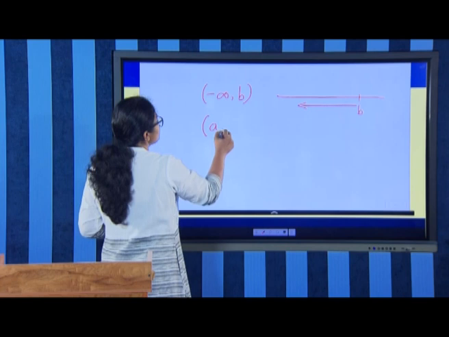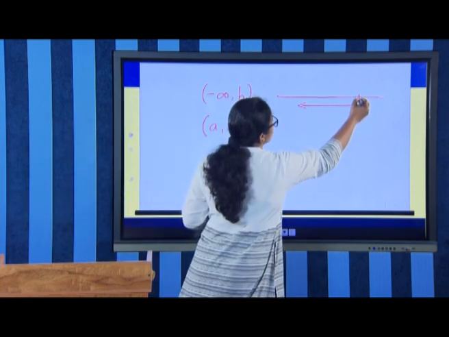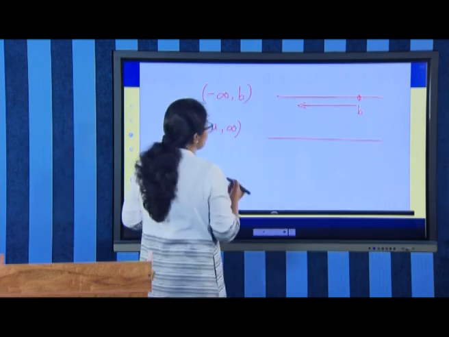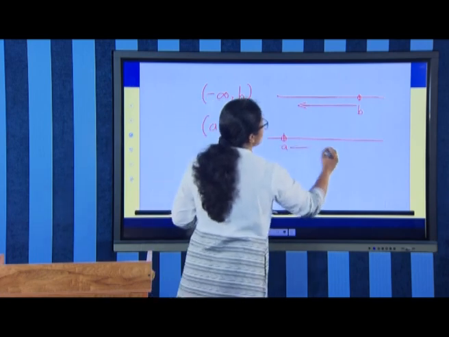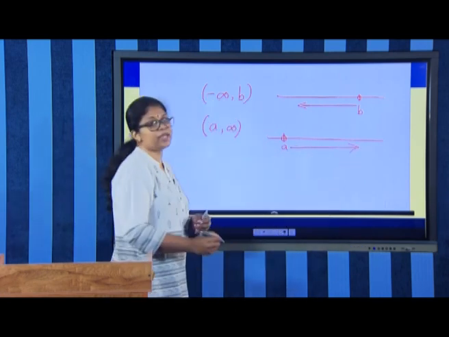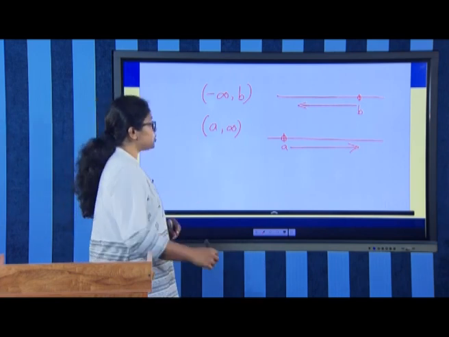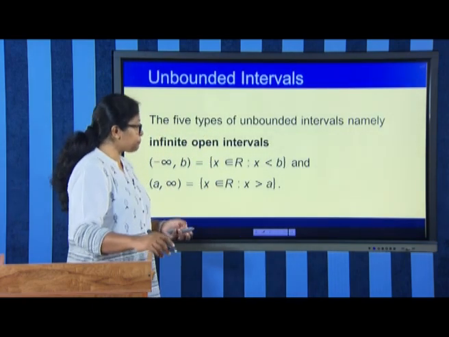Here there is a hole because b is excluded. And if we consider (a, infinity), we can place a somewhere here, and it goes to infinity towards the right side. So, these are the visualizations of the infinite intervals that we have discussed here.